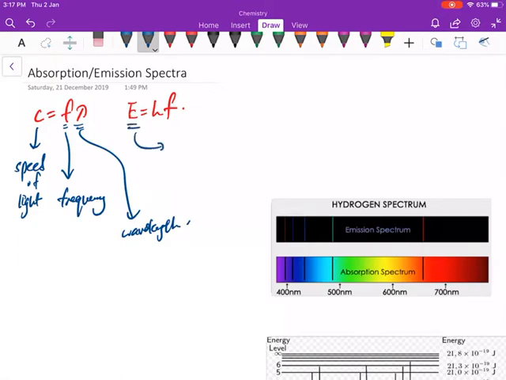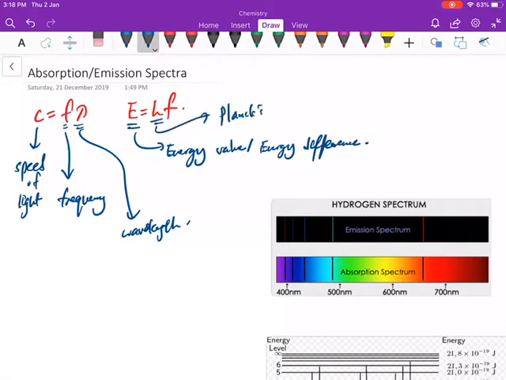The E here is the energy value, or we could later say the energy difference, which will make a bit more sense later. And the h here is Planck's constant. The f here is the same as the f in this equation, which also represents the frequency.